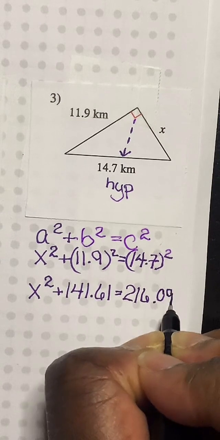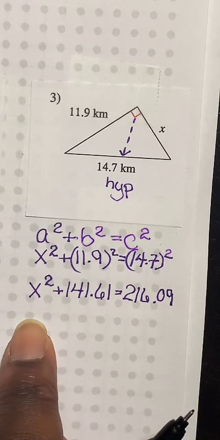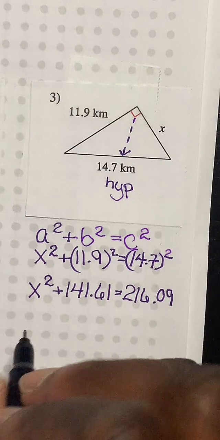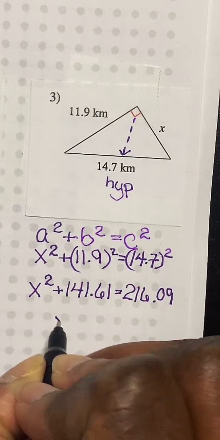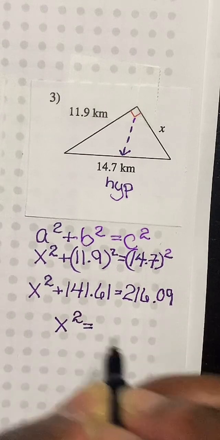Now we want to get x squared by itself. So we're going to take our 216.09 and subtract the 141.61. So that means my x squared will equal what?